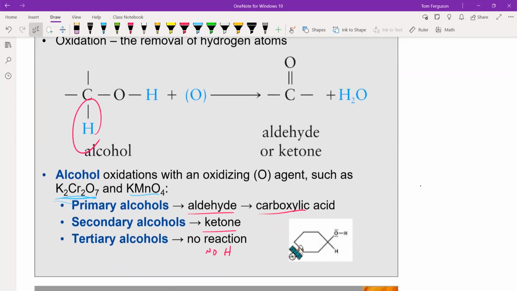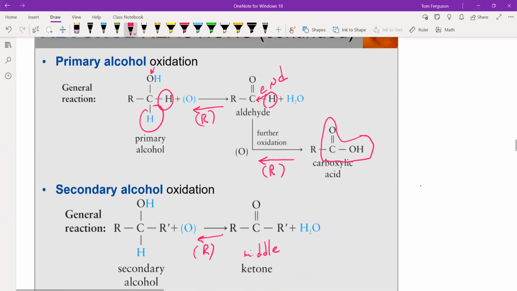Now, under oxidative conditions, that's where the primary, secondary, tertiary comes in. And you'll end up forming either an aldehyde, ketone, or no reaction. The reason why you can get two oxidations out of a primary alcohol is because you've got two hydrogens that can be removed.